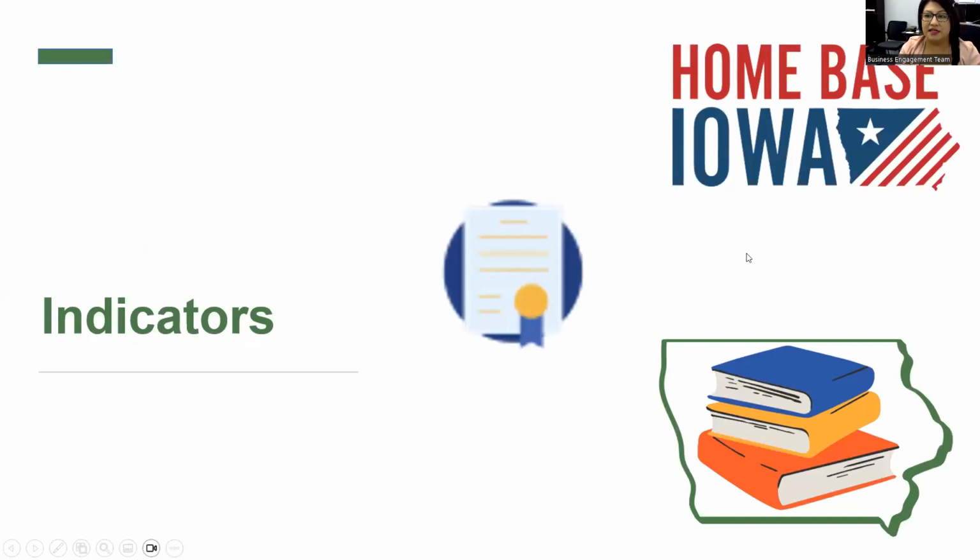And then we have different types of indicators. One of those indicators is Home Base Iowa. If you are an employer that is willing to hire veterans or is veteran friendly, we would put that indicator on. To get this indicator, you will be in contact with your LVER.